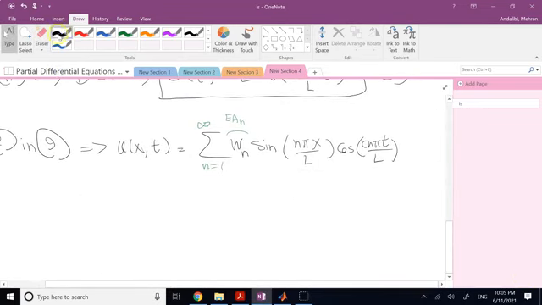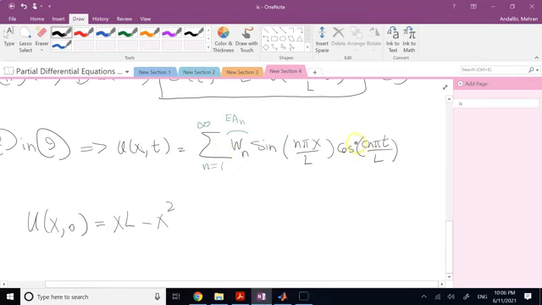So as I said, I have to say that u at location x and time 0 was xL minus x squared. Now let's, in this function, plug time of 0.